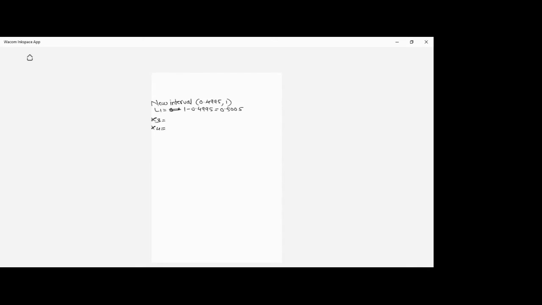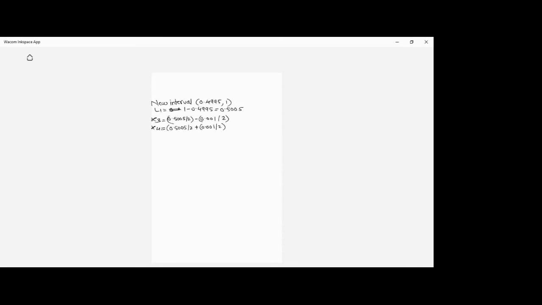X3 is 0.5005 divided by 2 minus L1 delta, that is 0.001 divided by 2. Here x4 will be 0.5005 divided by 2 plus 0.001 divided by 2.